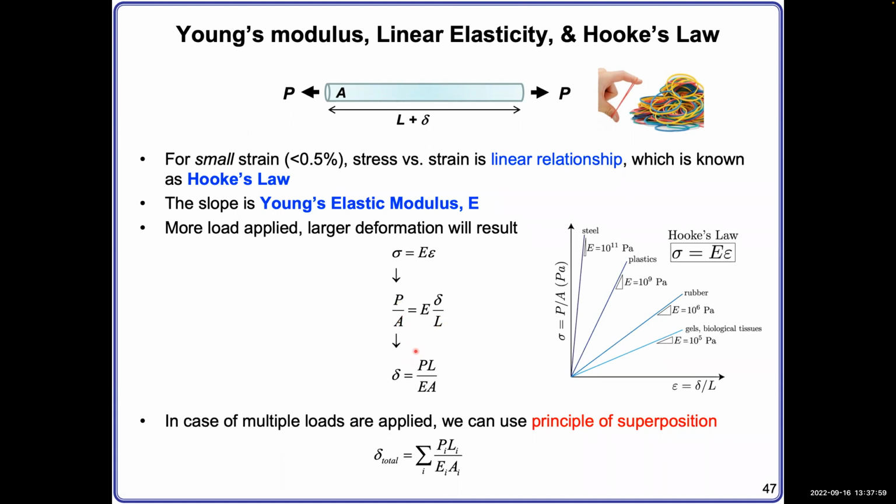Then you can move delta to the left-hand side and put all other terms on the right-hand side, so you have PL divided by EA. Why do we extract delta here? Because delta is a displacement.